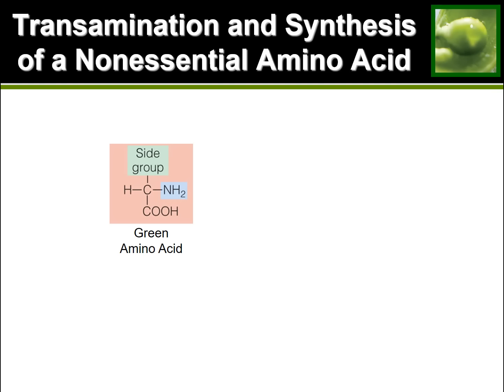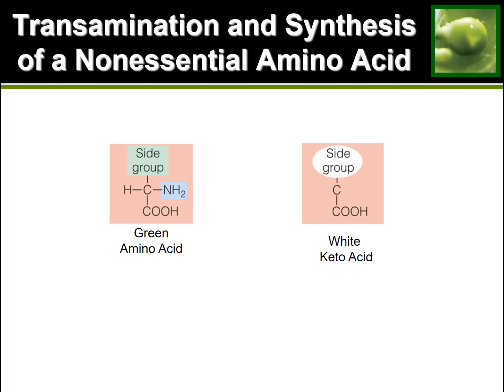So in this situation, we need the white amino acid. It's non-essential. That means our body can go ahead and make it for us. It at least has enough components to put together a keto acid of that white amino acid. So here we have the keto acid form.